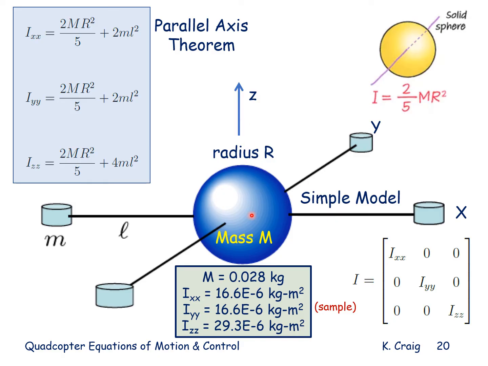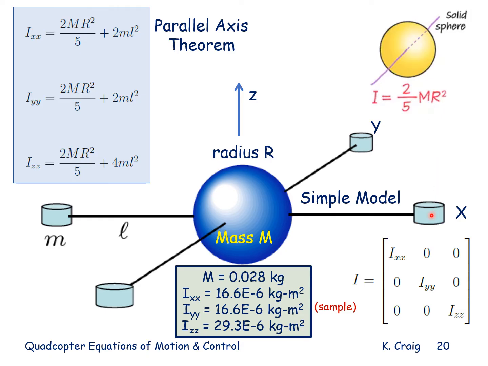To find the mass moment of inertia about the x-axis, the mass moment of inertia about the x-axis for a sphere is given by the expression 2/5 M, the mass of the sphere, times its radius squared. And this is the mass moment of inertia of a sphere about any axis through its CG, through its geometric center, for a homogeneous solid sphere.